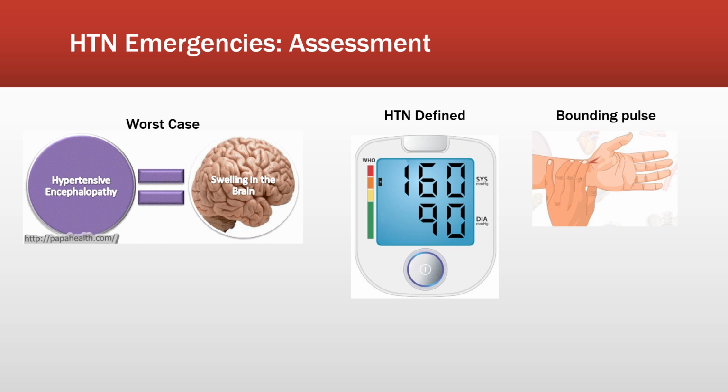Hypertension is defined as a blood pressure greater than 160/90. The patient will have a strong bounding pulse, and look for signs of left ventricular failure: abnormal skin color, pale, cool, diaphoretic, and the presence of pedal edema, JVD. Those are signs you need to be looking for.